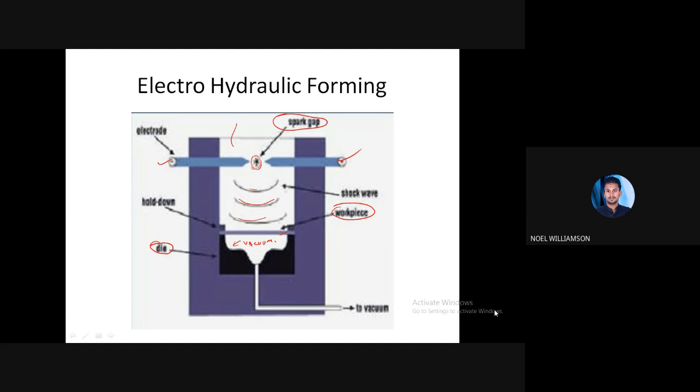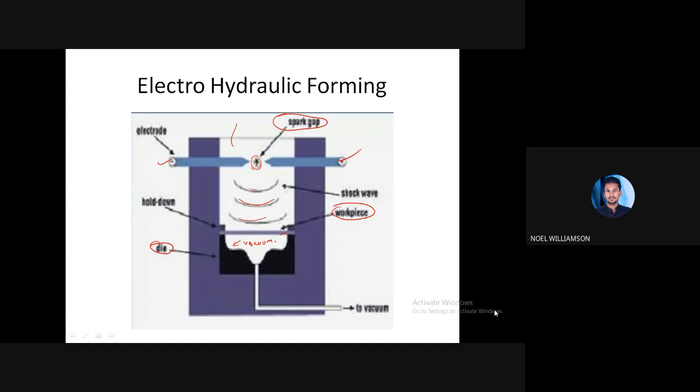Here only one difference is that in the case of explosive forming, it is a single shot operation. That means it is just exploded once. After the single explosion itself, the final product is created.